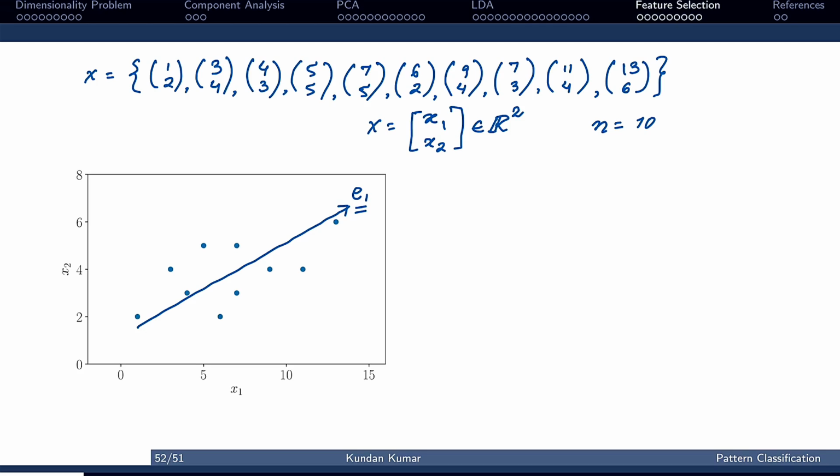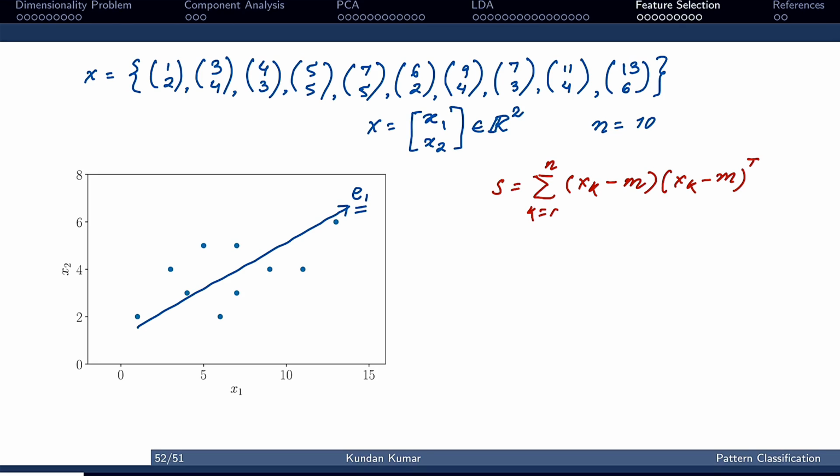S is our scatter matrix, which is given by the summation of (xk minus m) into (xk minus m) transpose. So we have to compute this term.